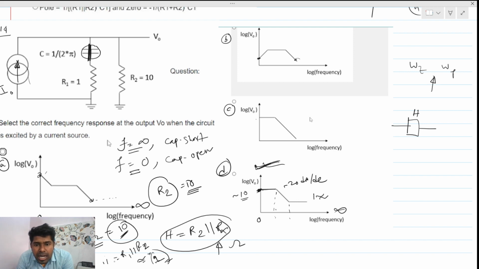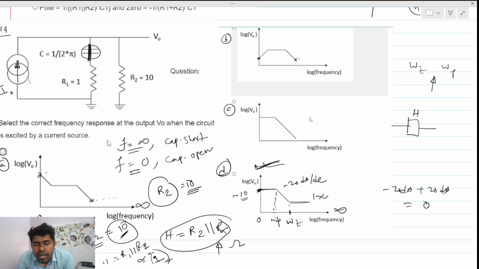Here our pole comes first, so this will be our omega p, and after some time the slope becomes 0. It means there will be a zero, so minus 20 dB from the pole and plus 20 dB from the zero, so the slope is 0.